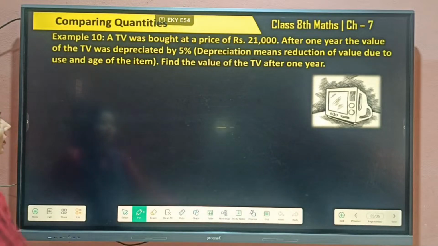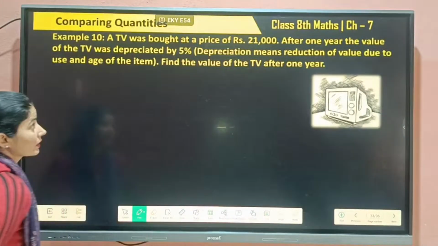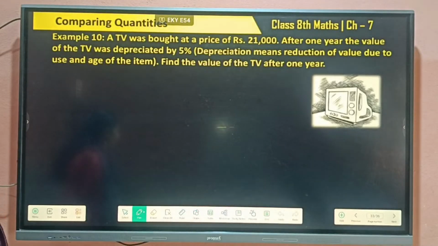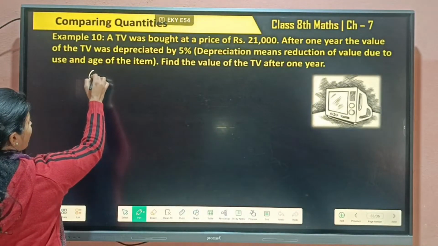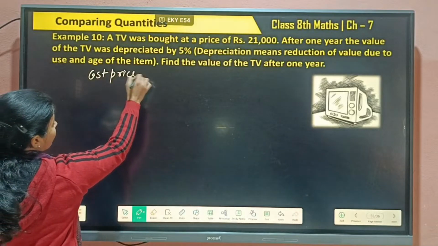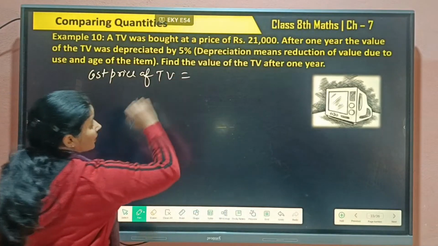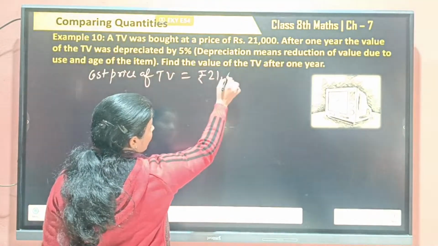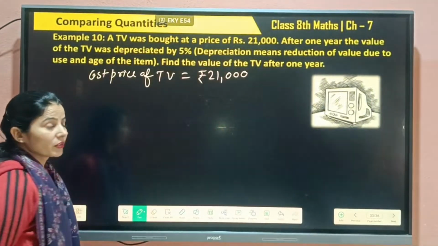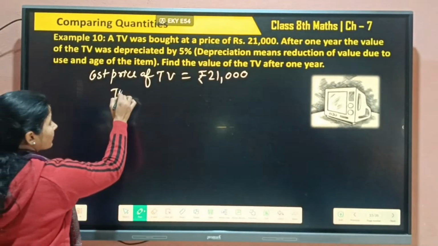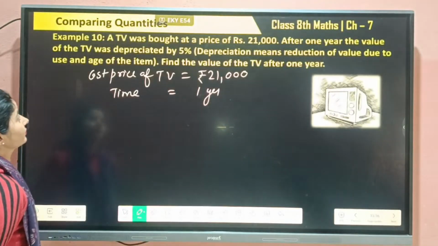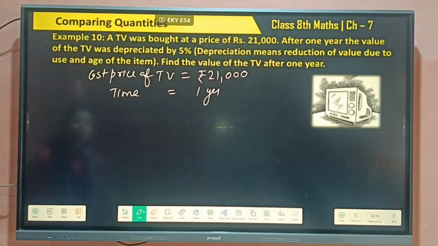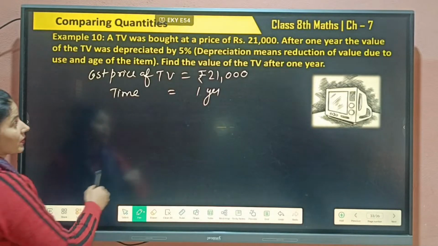Okay, now what is this? A TV was bought at the price of rupees 21,000. So this is its principal. You can say the cost price of the TV is rupees 21,000. After 1 year, time is 1 year. The value of the TV was depreciated by 5%.